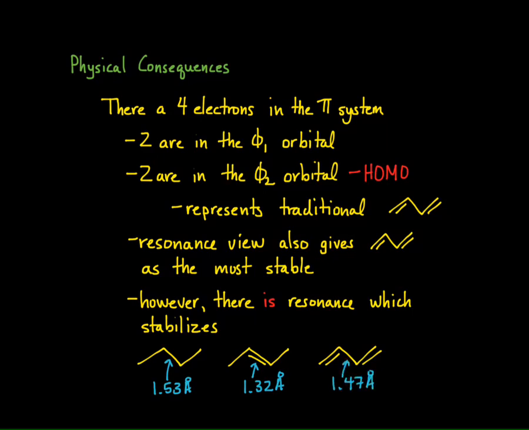Well, we see that the bond length is pretty close to a single bond, but it's still a little bit shorter. And so again, this supports the view that this 1,3-butadiene takes on the double bond, single bond, double bond approach, but there's some resonance that's stabilizing that.